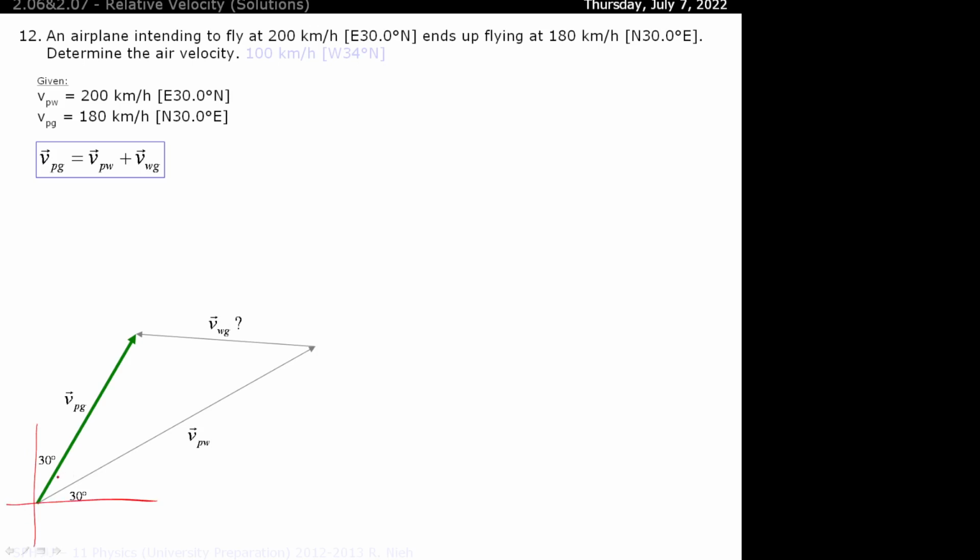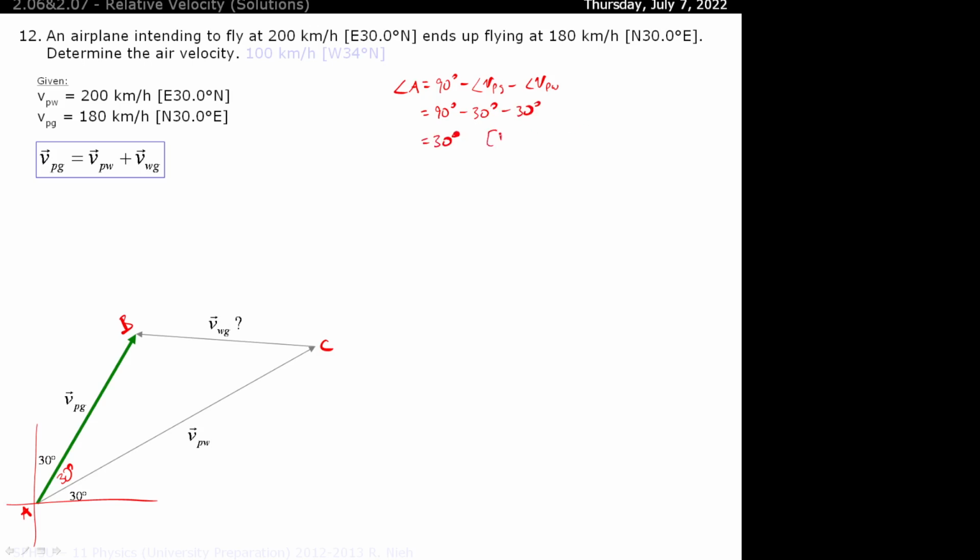Noticing that the relationship over here is that this must be another 30 degrees. Okay, let's just label this out A, B, and C, for I do not know what I'm going to use yet. We first want to tell the reader that angle A is equal to 90 degrees, subtract the angle of VPG, subtract the angle of VPW, which is 90 degrees, subtract 30 degrees, subtract 30 degrees, which is equal to 30 degrees.